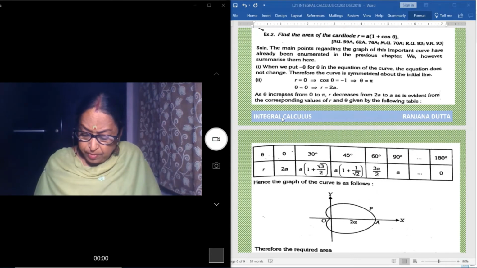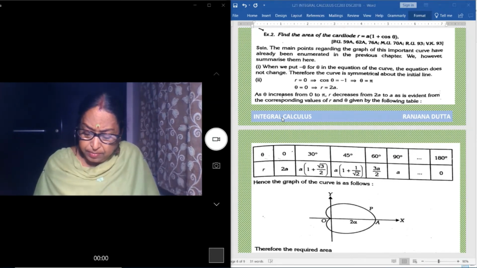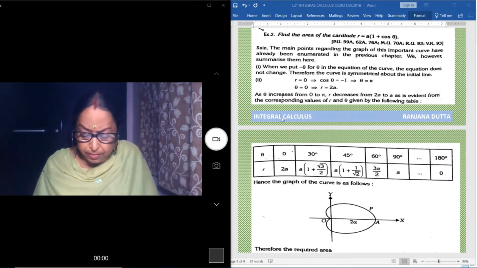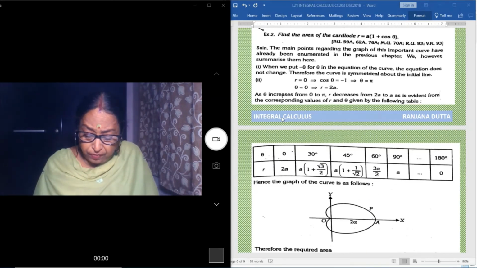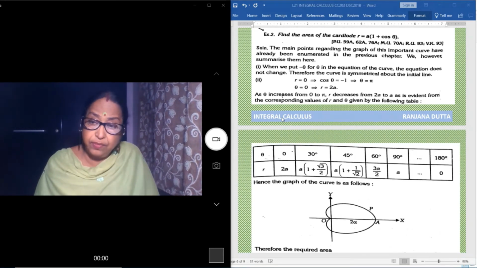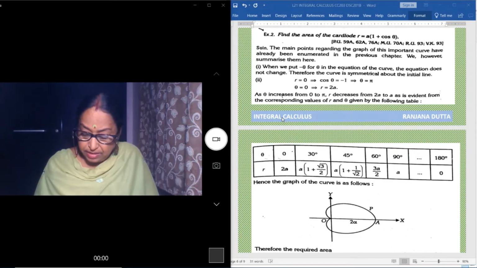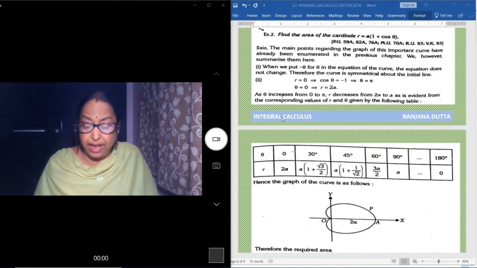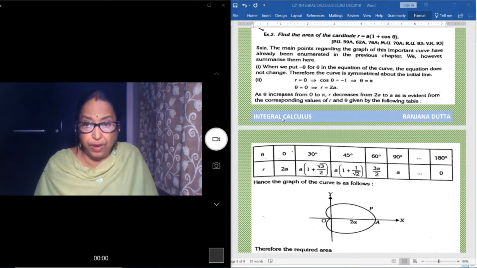If in place of theta you put minus theta, the equation of the curve does not change, therefore the curve is symmetrical about the initial line. Then we put r equal to 0, and we get theta equal to pi, and when theta is equal to 0, r is equal to 2a.